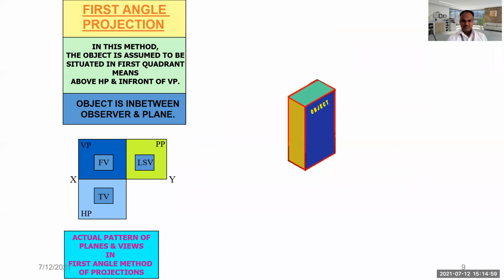Just now we have seen what the first angle method of projection is. Now I'm going to see the front view from this side. This arrow indicates the observer. I'm the observer here. So the arrow is indicating your front view, or you can say the observer. So what will be the projections on the vertical plane that we'll see here?